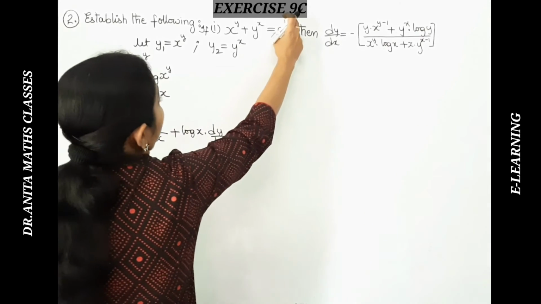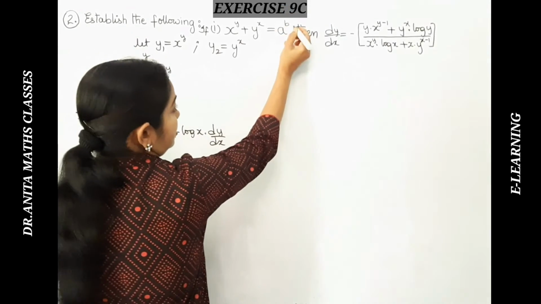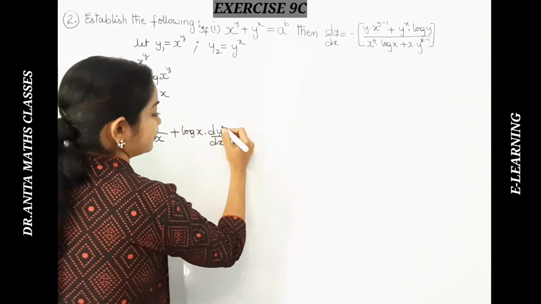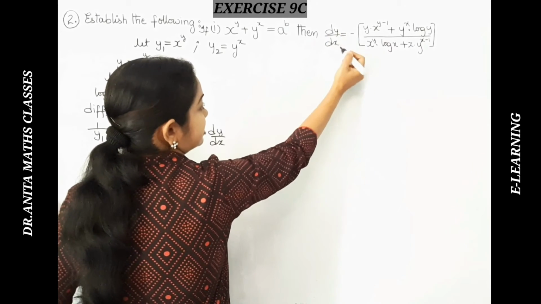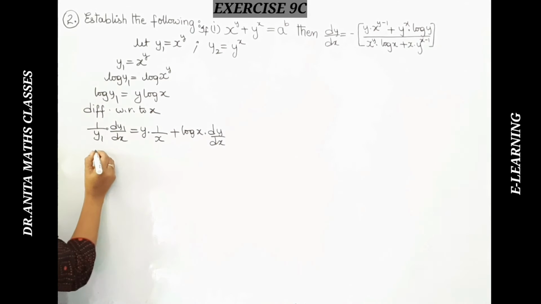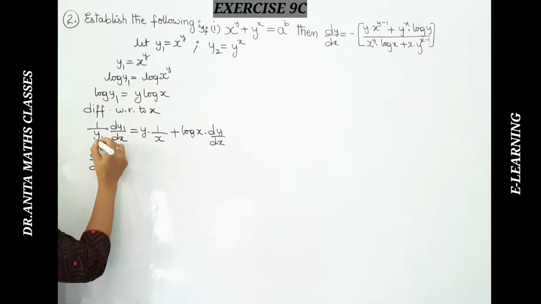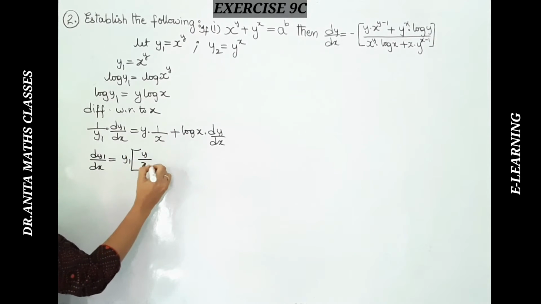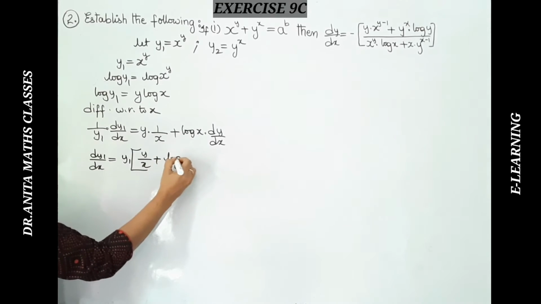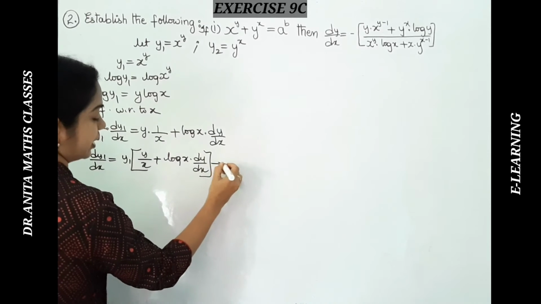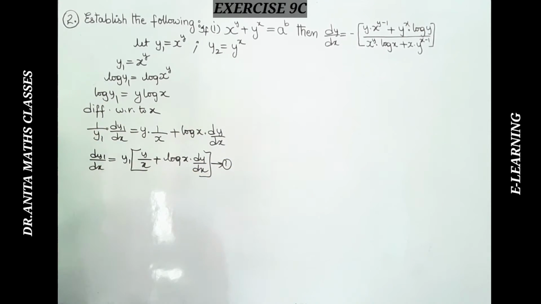I'm not supposing this as y; this is not a constant function, right? We have to prove dy by dx is some other thing. So we will shift y1 to the other side: dy1 by dx is equal to y1 times (y upon x plus log x dy by dx). Let us keep this as equation 1.